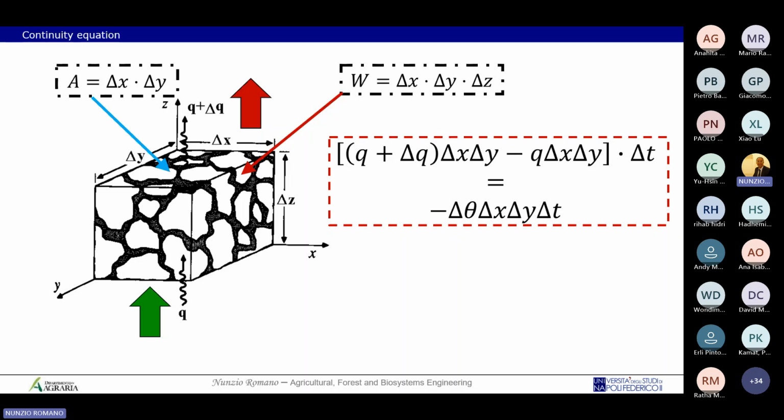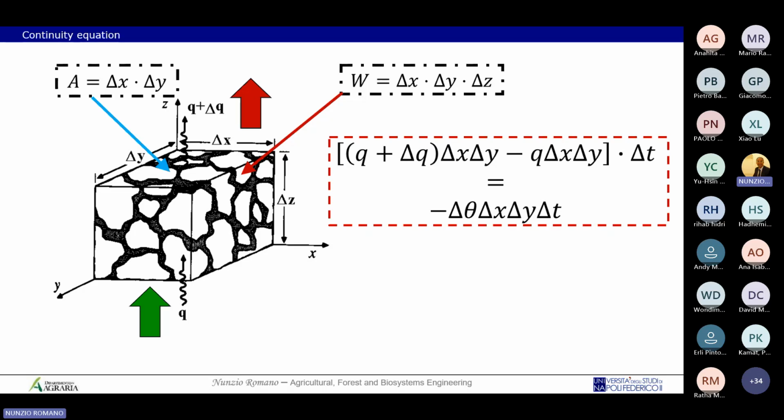So it means that the first term should be equal, but with the opposite sign, to the variation of the soil water content in the volume. I remind you that we have defined the soil water content as the volume of water over the volume of the entire soil.